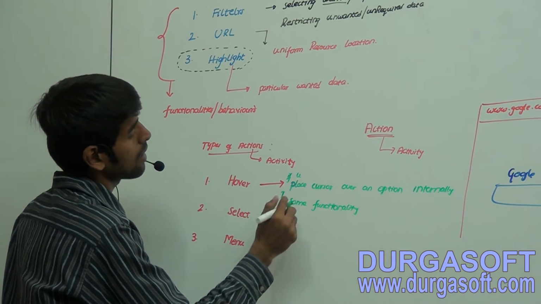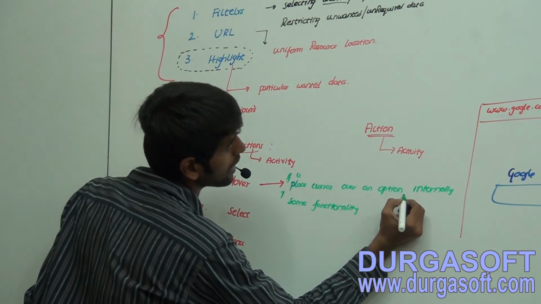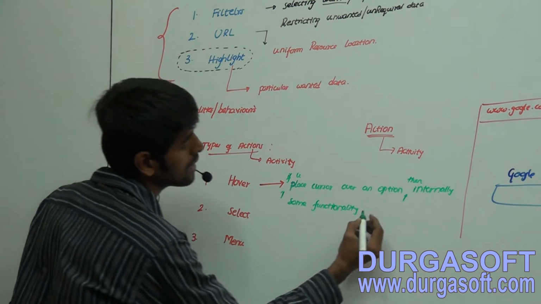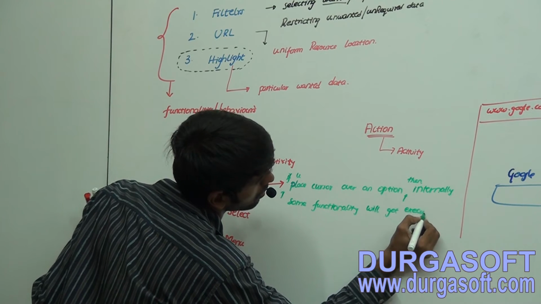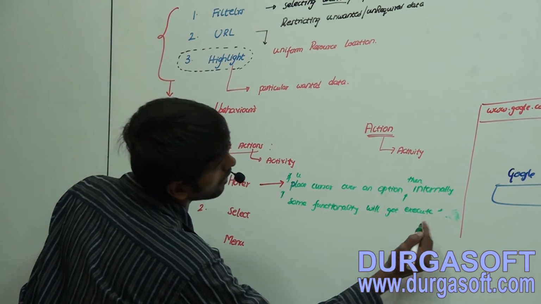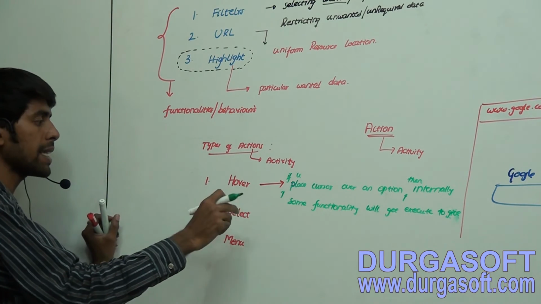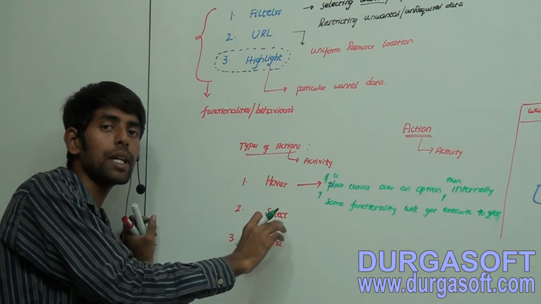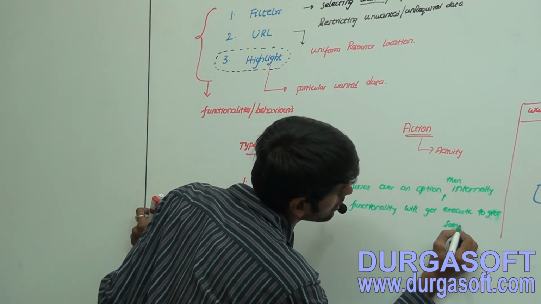If you place the cursor over an option, internally some functionality will get executed to give output. Guys, why I am writing this statement is, try to understand this statement. If you understand this action, then the remaining two actions are very simple.